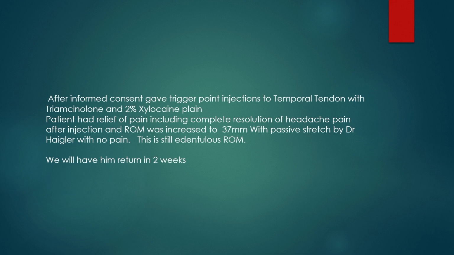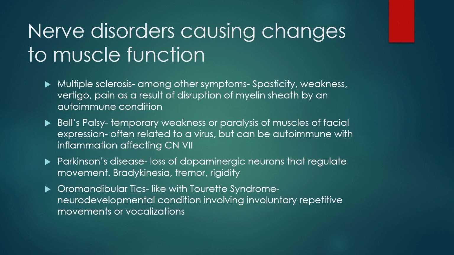So numbing the trigger point takes away the headache that had been there for 4 months. Okay? So then he's able to start stretching and start trying to improve his range of motion and try to keep it moving so that the pain doesn't return. Okay? So that's something that you could see.